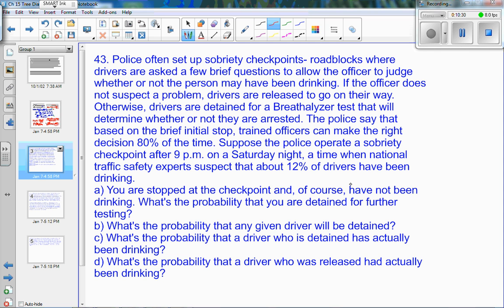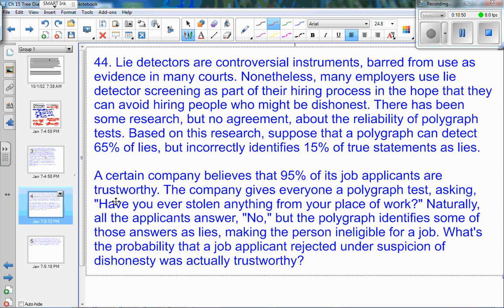Let me just give you a hint on this. Remember I said to get started with your tree diagram, you're going to have to find that probability. It's usually either at the beginning of the problem or at the end. And right here, you're going to find it. It's going to involve this 12% of the drivers that they think have been drinking.